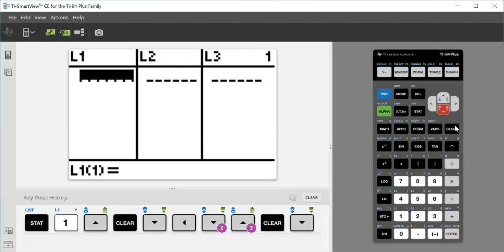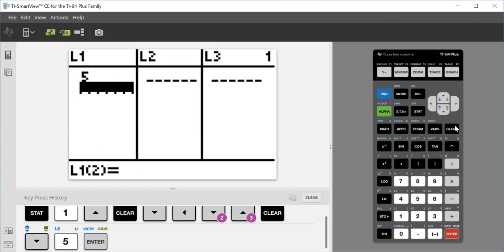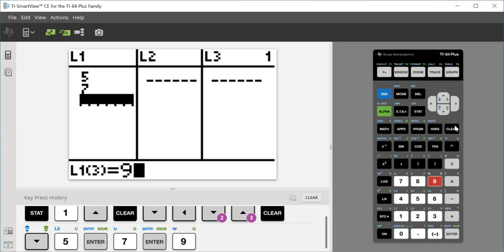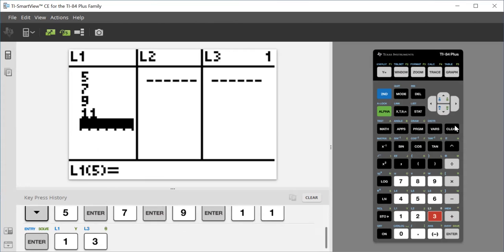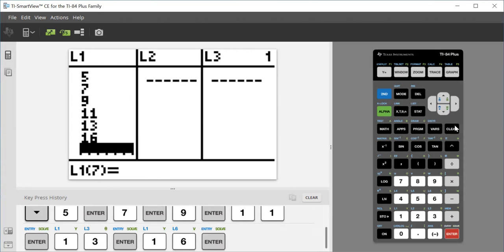So in L1, I'm going to put my X values, and I'm going to type each one and push enter. Even after the last one there, I'm going to push enter. So let me double check. 5, 7, 9, 11, 13, 16. Okay, and I'm going to arrow to the right. It takes me back up to the top, and I want to put my Y values here.